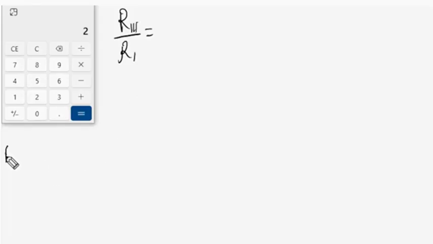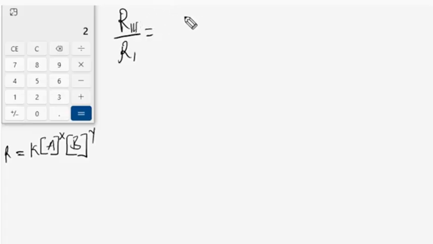So rate is always going to be k times concentration of A to the power of x, then times concentration of B to the power of y. So it means that for this, we're going to find, first of all, the concentration of A with respect to the third reaction.